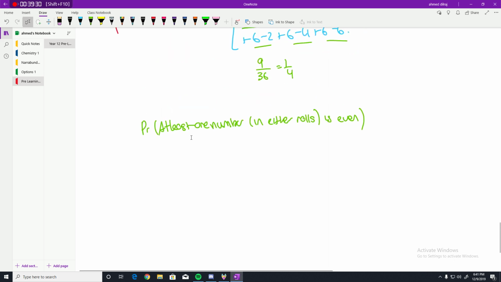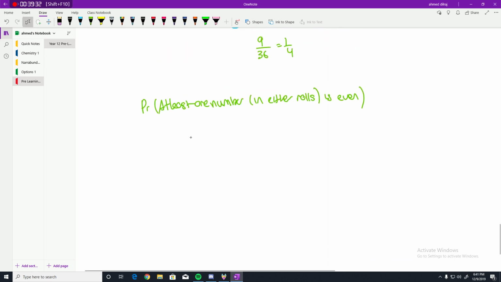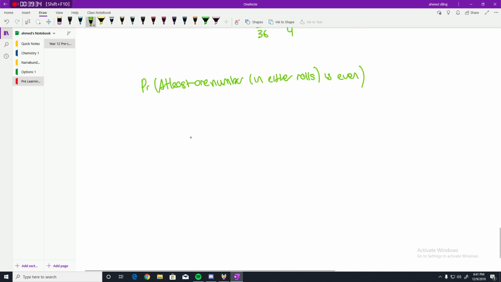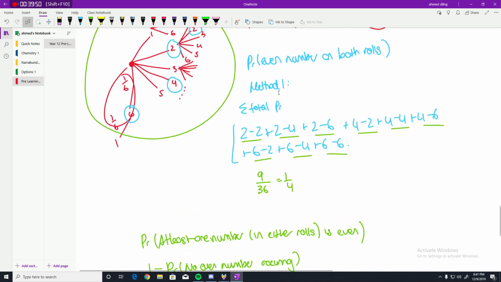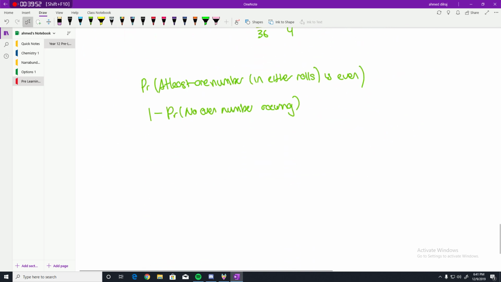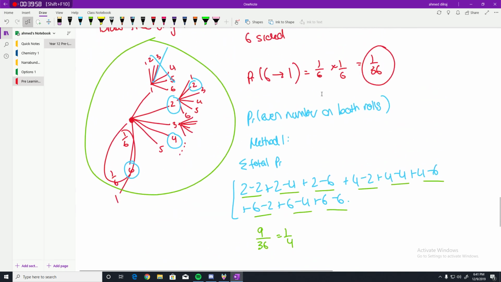So the probability of at least one even number in either roll is the same thing as saying the total probability, 1, minus the probability of no even number occurring. No even number occurring is the same as both numbers being odd, which has the same probability as both being even.